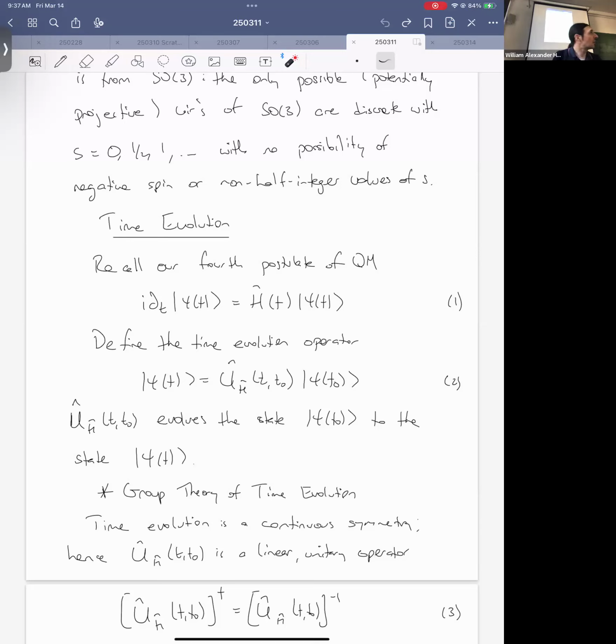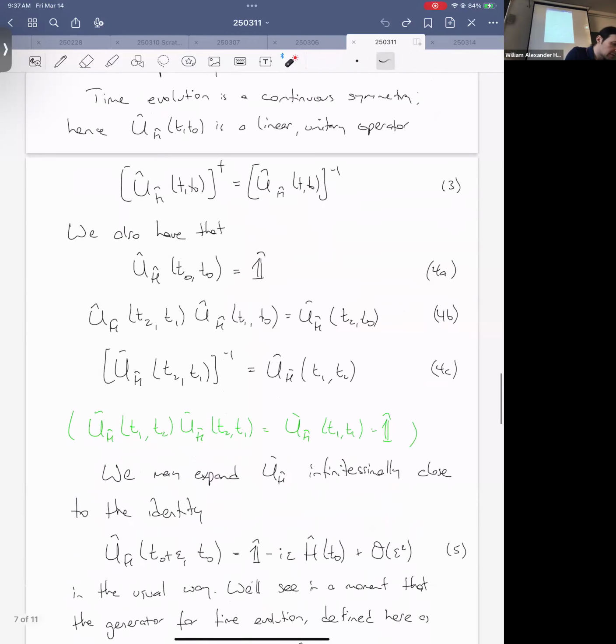Those three solutions are the exponential, the exponential integrating over time, and the time-ordered exponential. That allows one, therefore, to identify this operator here, which we call the Hamiltonian, with this operator here, which is the generator of time translations.